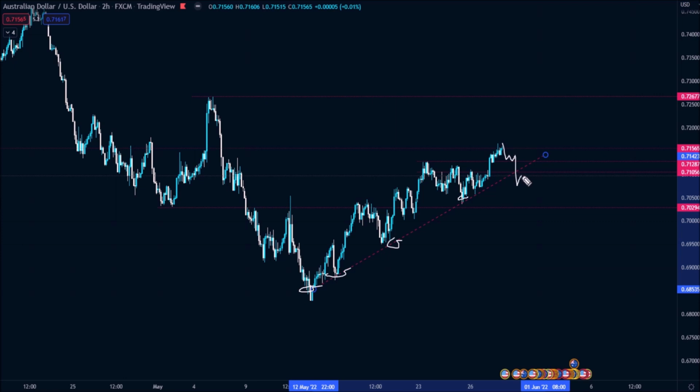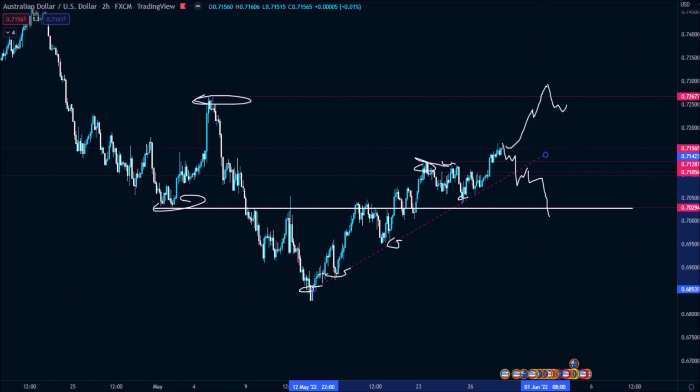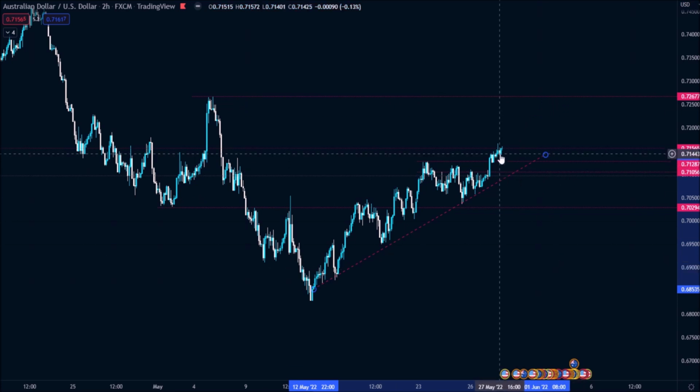If we can break down, retest from the other side, we may get a day trade down to this next level of support and resistance on the higher time frame. So that's one trade idea. Or if we come up, we can look for that break of structure once we raid some highs. So a couple of plays there. We'll just let the trade come to us, and we won't really need to chase anything.